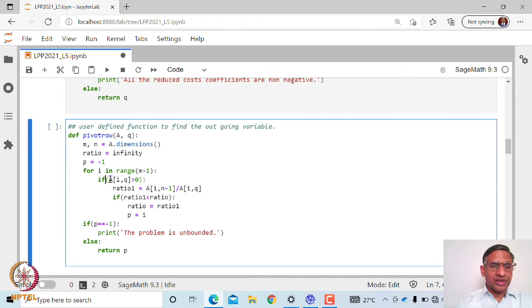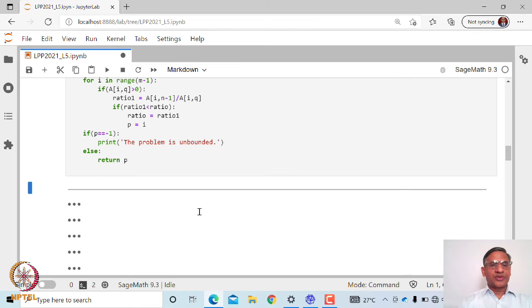That is why here, if AIQ is positive, then you will consider that ratio and update it in case the ratio you have computed is smaller than the previous one. And in case you do not find anything positive in that incoming column, then the problem is unbounded. So that's the small simple code here.